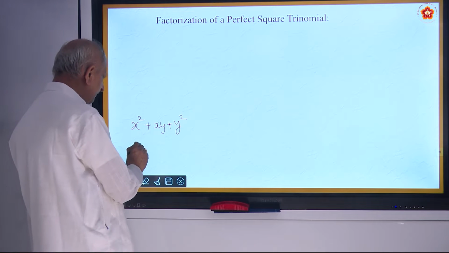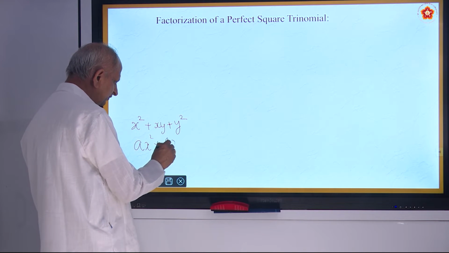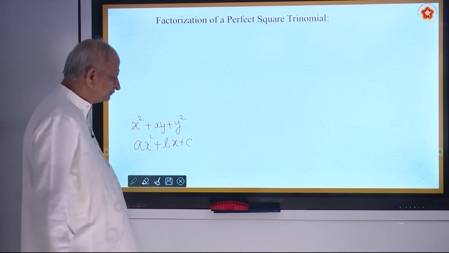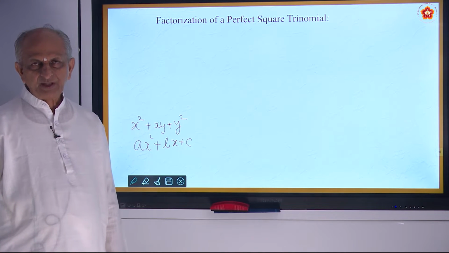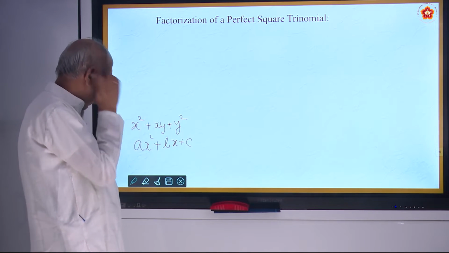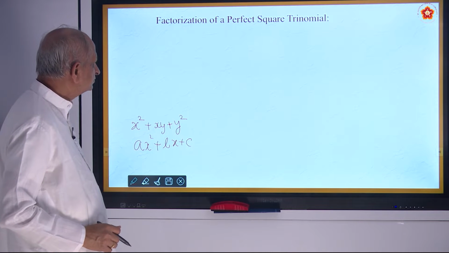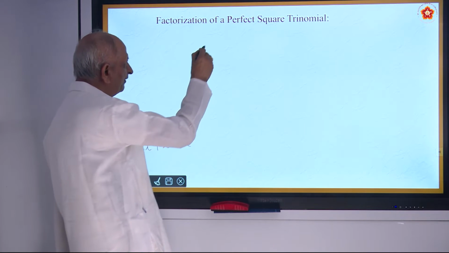Okay? Or it may be form of ax square plus bx plus c. That is also trinomial. All three terms. There must be plus and minus in between. Okay? Now here telling about perfect square.